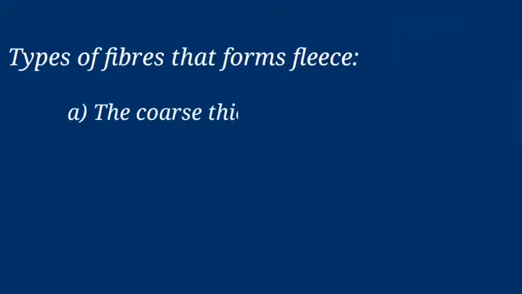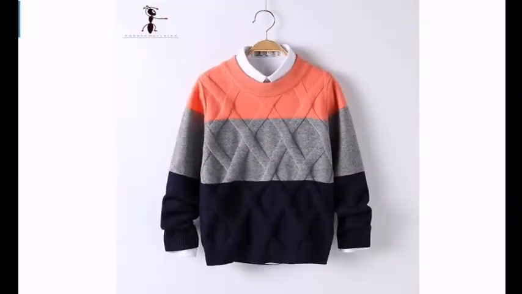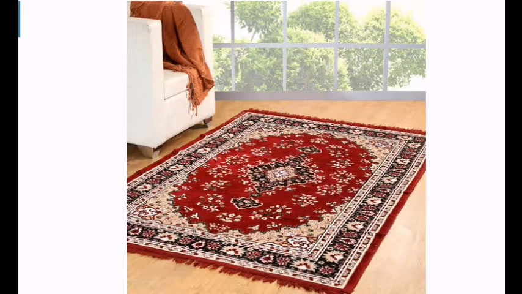One type is the coarse thick beard hair and the other is the fine soft under hair close to the skin. So these two hairs form the fleece on the skin of sheep. The fine soft hairs are used for making woolen clothes and the coarse beard hairs are used for making carpets.